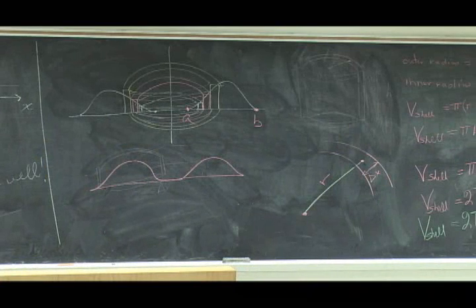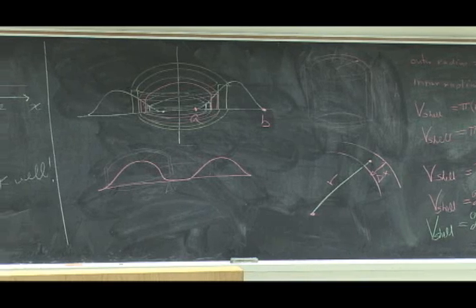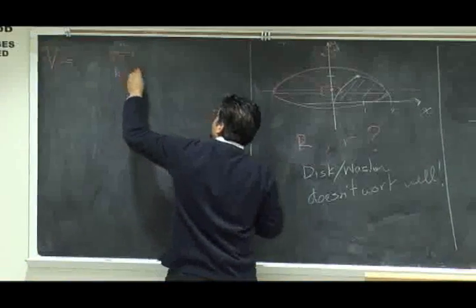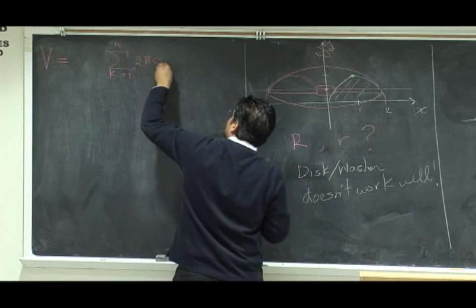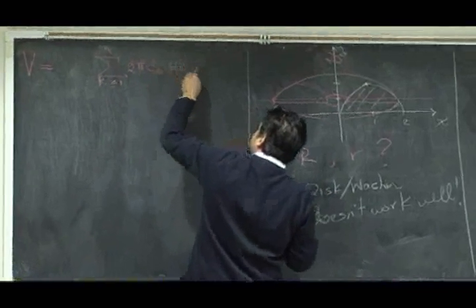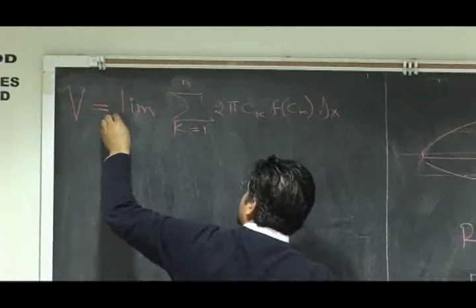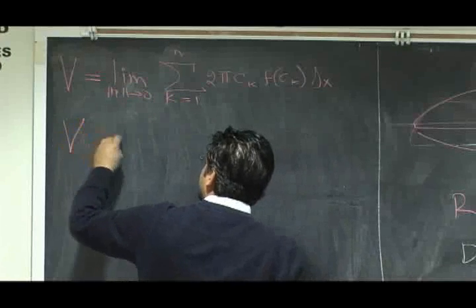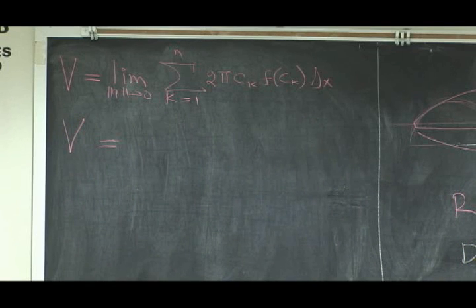So to get the volume, we add these up from k equals 1 to n of 2 pi c_k f of c_k delta x. And then I want to take the limit as the partition goes to 0. That's going to give us the volume of the solid.